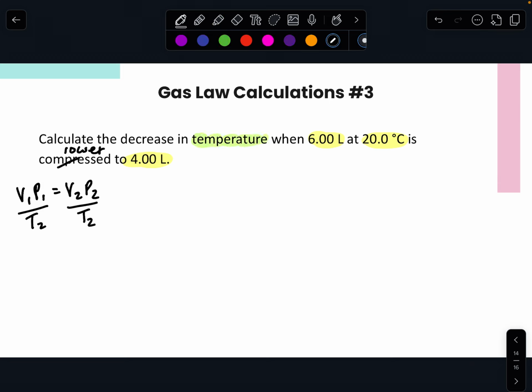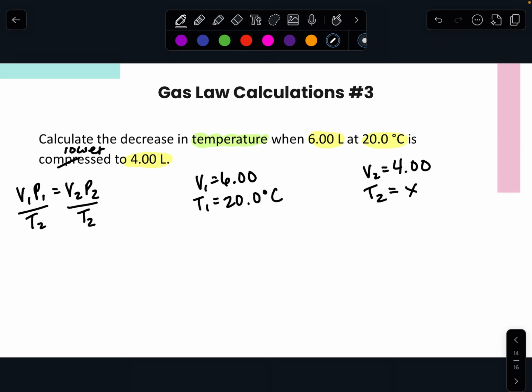So the first number I'm given, right, is my volume, which is 6. And then my first temperature is 20. My second volume is 4. And that's what it's wanting me to calculate, that final temperature.